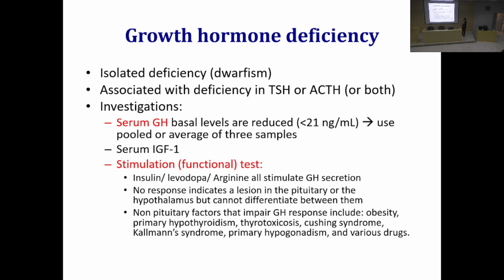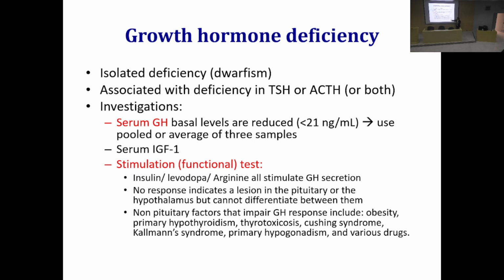If there is no response, then this indicates that there is a lesion in the pituitary or the hypothalamus, but could not differentiate between them. So it just confirms that for some reason the pituitary is not releasing growth hormone, whether because there is a lot of somatostatin or not enough growth hormone releasing hormone, or whether there's a problem with the pituitary. It does not really differentiate between those two conditions.